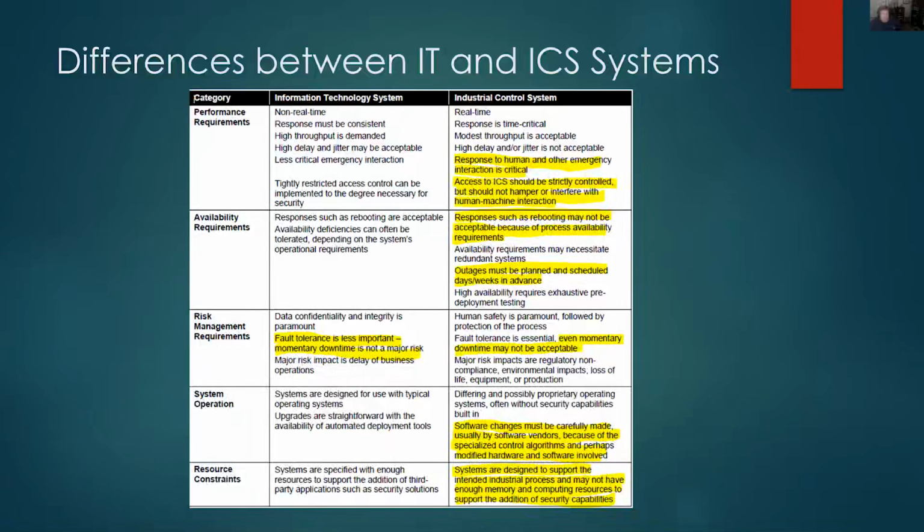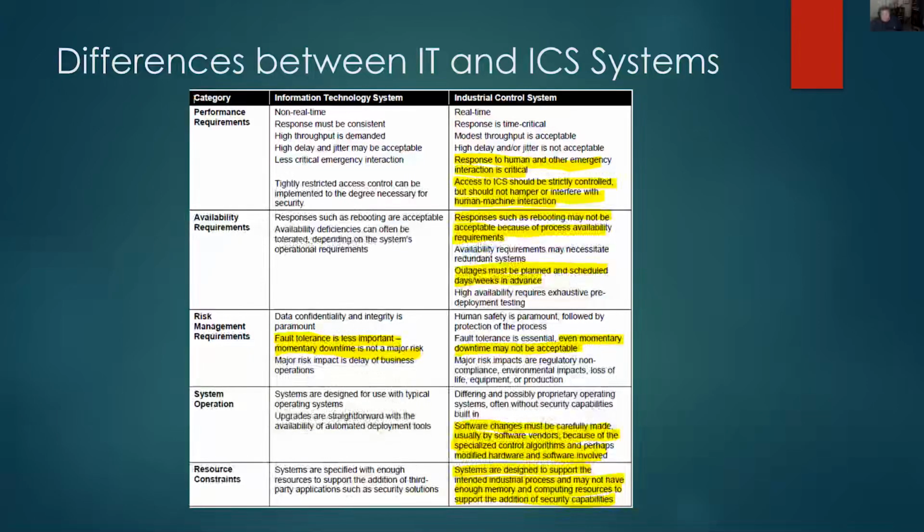You have differences in performance requirements. Industrial control systems are usually real time. You have to be able to react to shutdowns or other emergency conditions pretty rapidly.